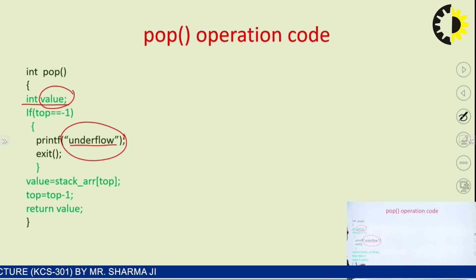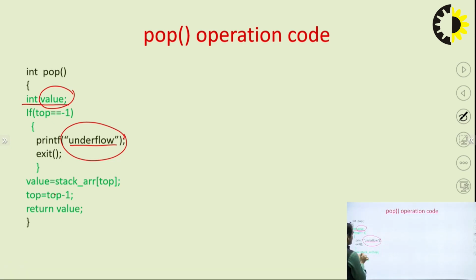If elements already exist in the stack, then value is equal to stack arr top, then we decrease the value of top by 1 and return the value. The deleted element is stored inside value, which may be used in future operations.